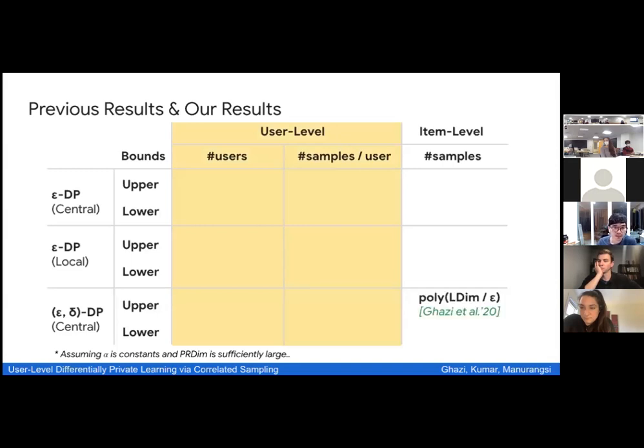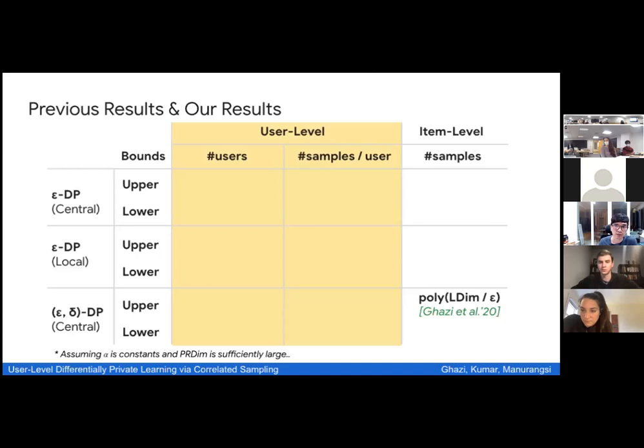In epsilon-delta central DP, it is known that you can learn with a number of samples that is polynomial in the Littlestone dimension of the concept class. If you haven't seen Littlestone dimension before, it's not too important. It's a mistake bound in online learning, but we are not going to use it explicitly here.